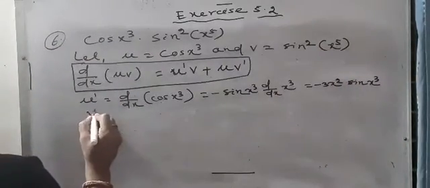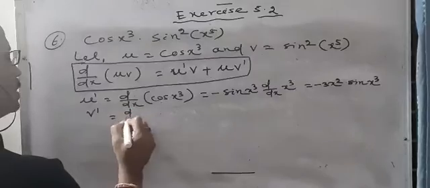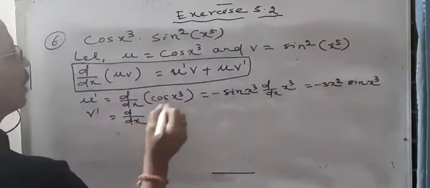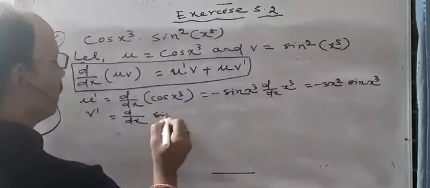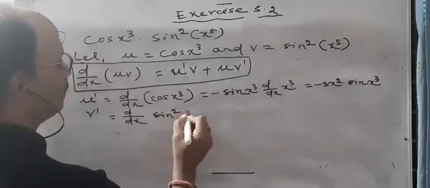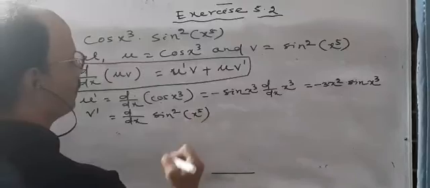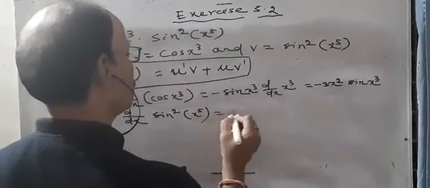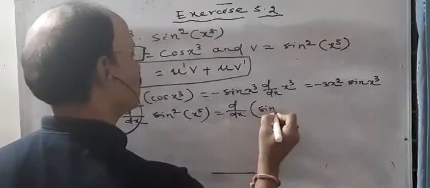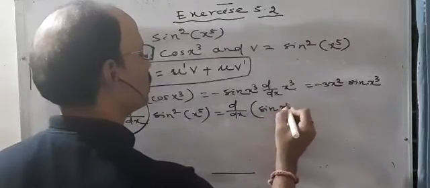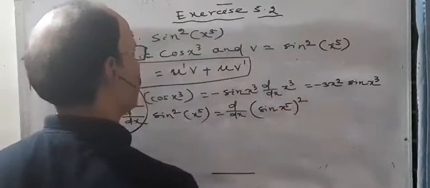Like this, v dash means d dx of sine square x to the power 5. So sine square x to the power 5 means what? It is sine x to the power 5 whole square.